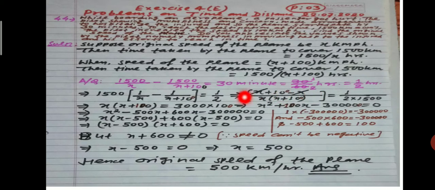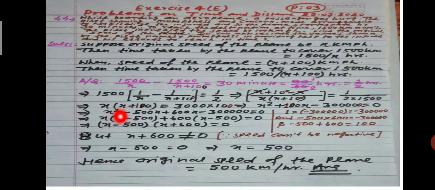Now minus x plus x will be cancelled, and it will be equal to 1 by 2, and 1500 when transferred to RHS it will be divided by 1500. Then this will be equal to x into x plus 100 multiplied by 1, that is x into x plus 100, is equal to 100 multiplied by 1500 into 2, which will be 3000. Then we get x square plus 100x minus 3 lakh will be equal to 0.